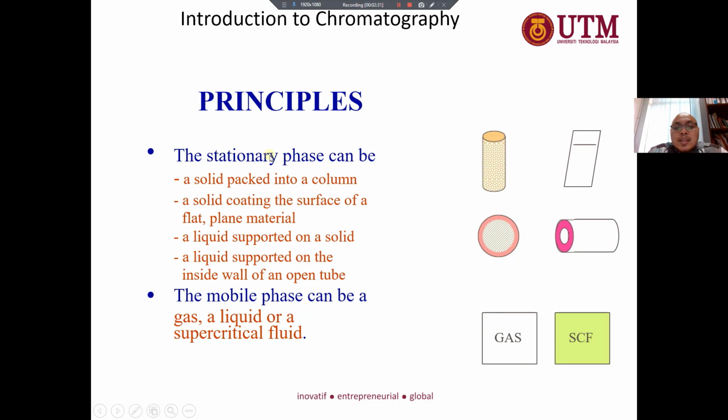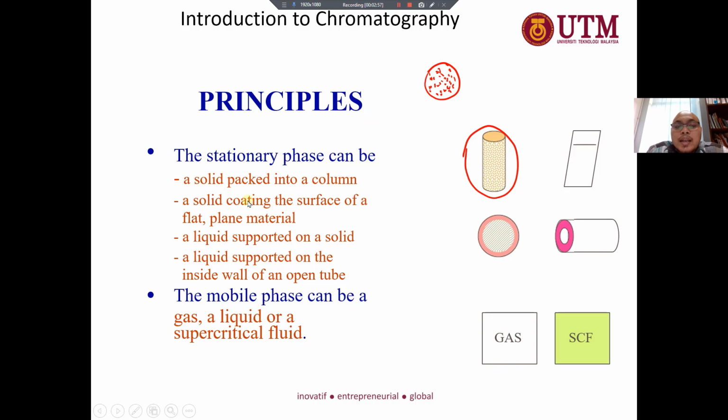The stationary phase can be a solid packed into a column. Okay, solid packed into a column, for example, like here. In the cross-section, we have the packing material, small particles of packing material stuck inside the column. This is a kind of solid packed material.